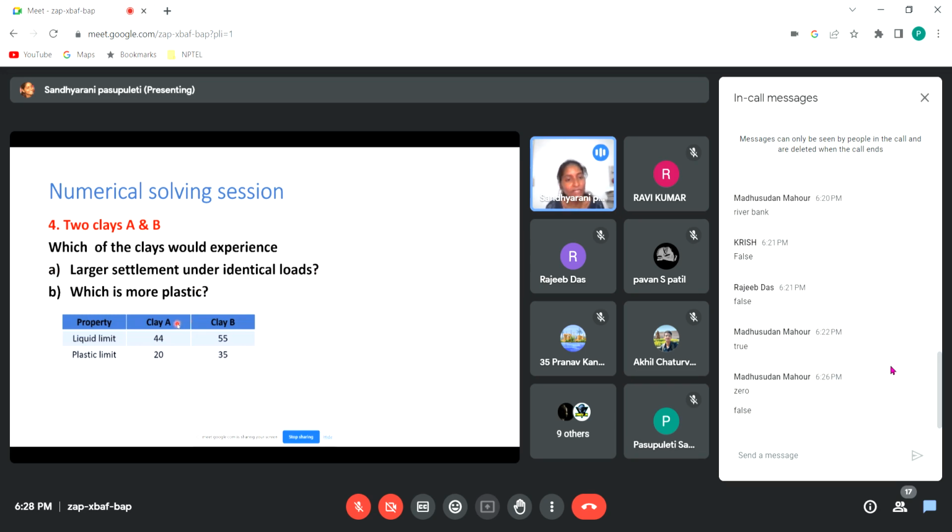I have taken clay A and clay B at the same time. I am going to apply, let us say, a 10 kilonewton load on the two clays. So the applied load is identical, the same load. Which clay do you think is going to settle more?